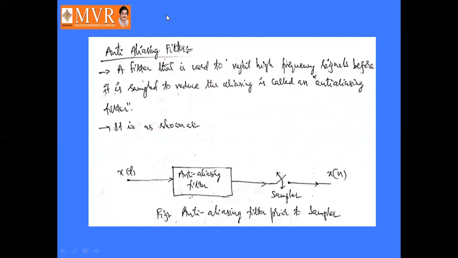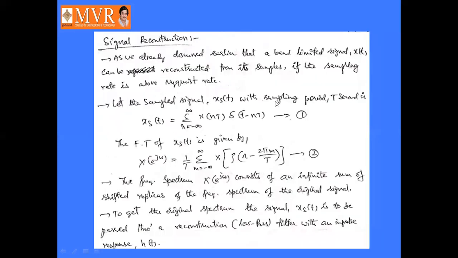Diagrammatically, it is represented like this. Its input is x of t, before the sampling; then comes the sampler, and the output is x of n. So it rejects high frequency signals before sampling to reduce aliasing. It is called the anti-aliasing filter.